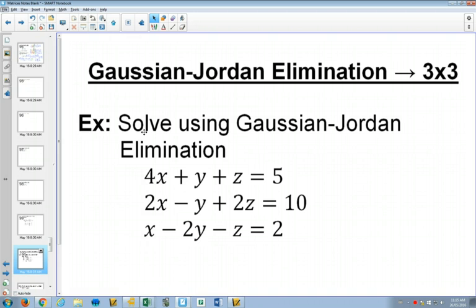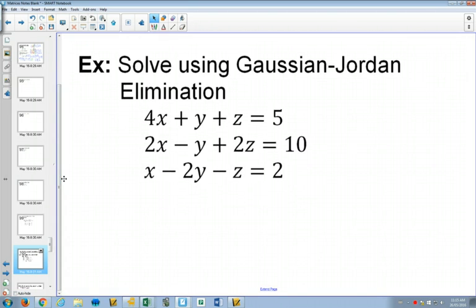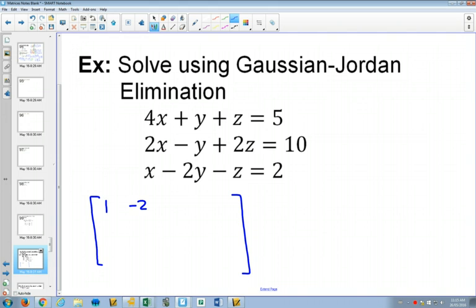Okay, so if we move to the 3 by 3, the first thing I would do in a 3 by 3, when I'm about to set it up, instead of taking an extra time to rearrange some of my matrices, I'm going to look at this third equation, which is the 1, -2, -1, 2.